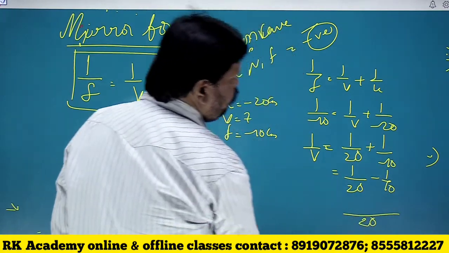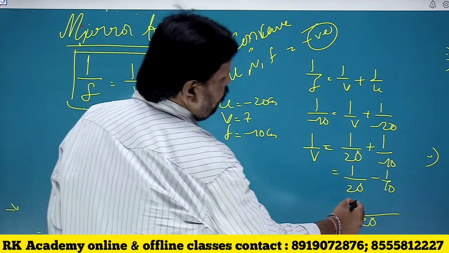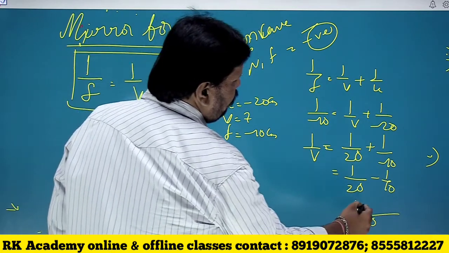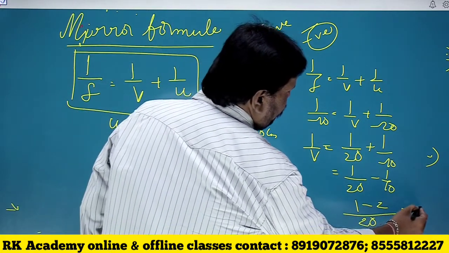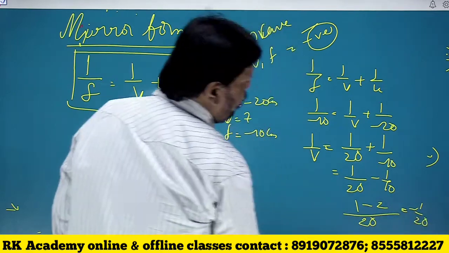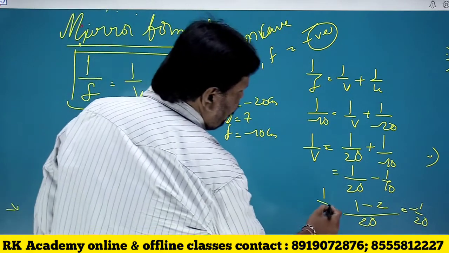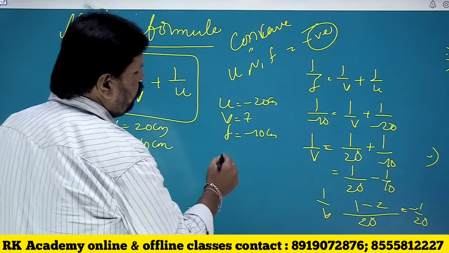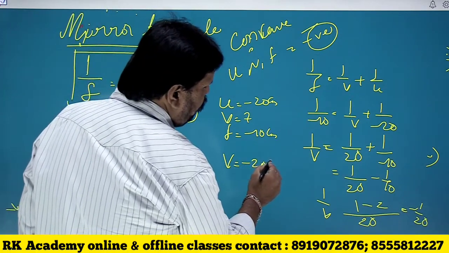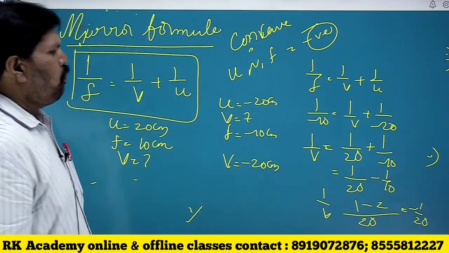LCM is 20. 20 ones are 1, and 20 twos are 2, so 1 - 2 is equal to -1/20. So 1/v = -1/20, and v is equal to -20 centimeters.